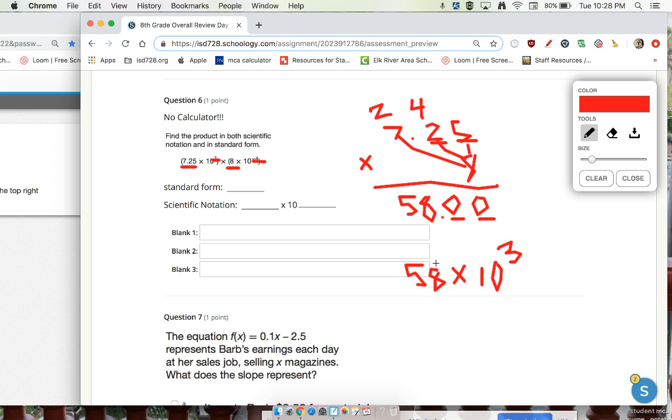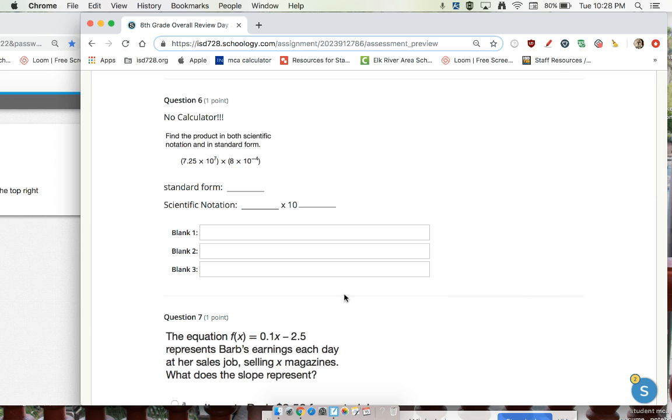However, it's not in proper scientific notation because I need a decimal right there. So I'm going to make my number smaller. I'm going to write this 5.8 times 10. So since I made my number smaller, I make my exponent bigger. So it would be 10 to the 4th. So 5.8 times 10 to the 4th.